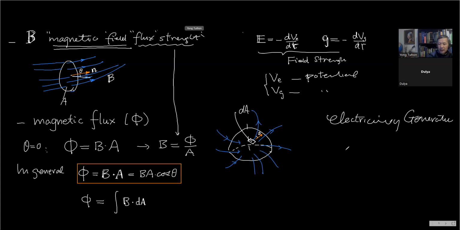Well, we can use two permanent magnets. One is north, and that is another place where you can use this flux. On the other side, we use S. So these are the two poles of the permanent magnet.